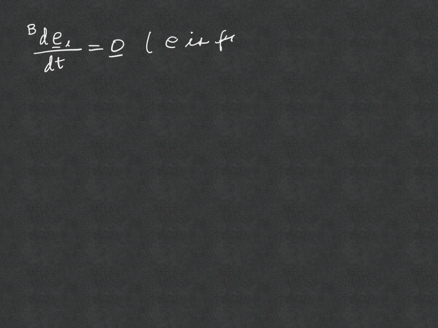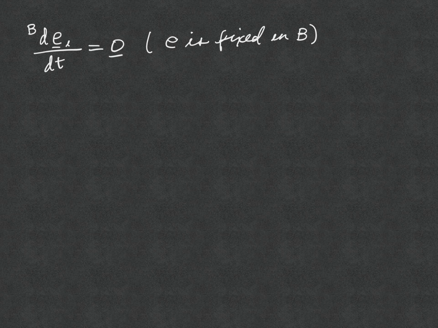So, using the description from the previous page, we have that dEi/dt in B is 0, and that's because E is fixed in frame B, which leads to the following result.